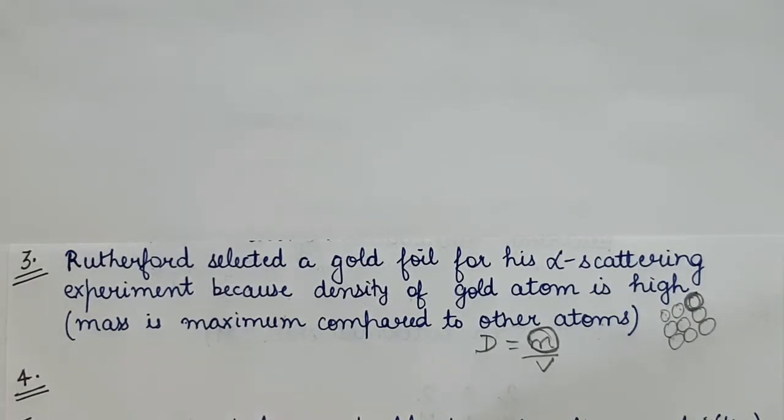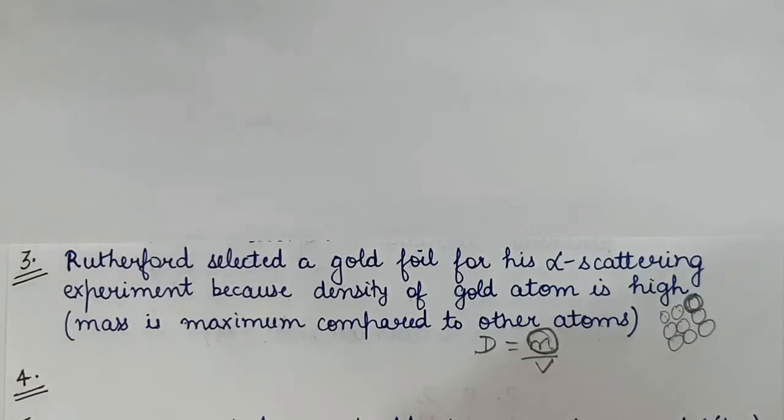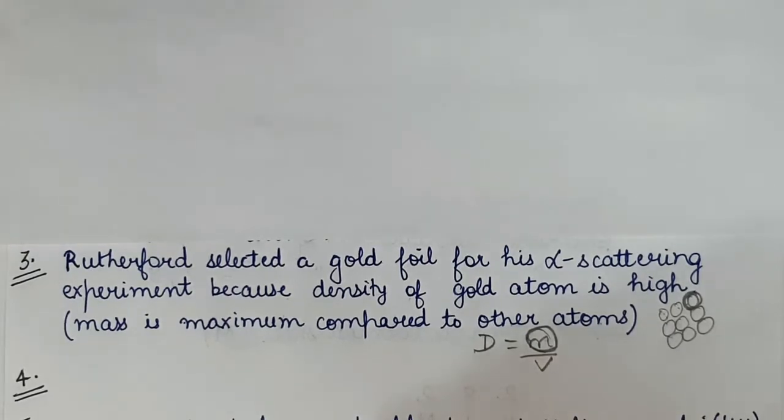Coming to next question, question number 4. In what way is the Rutherford's atomic model different from that of Thomson's atomic model? Okay, in this question, you have to write the postulates of Rutherford's model and the postulates of Thomson's model.